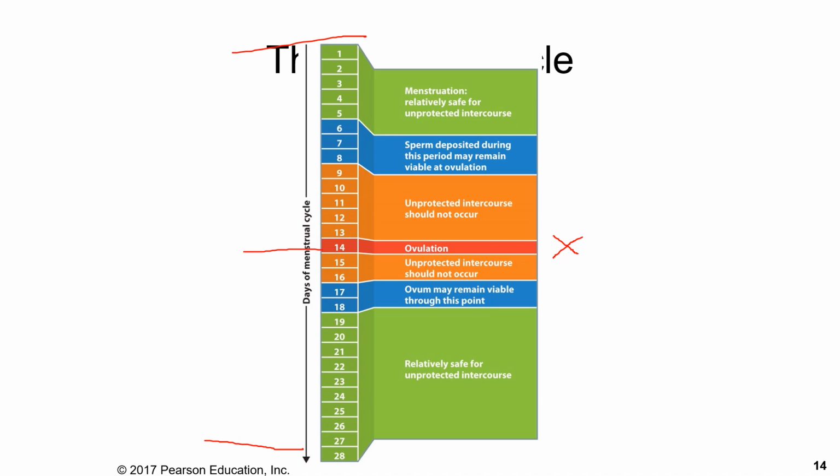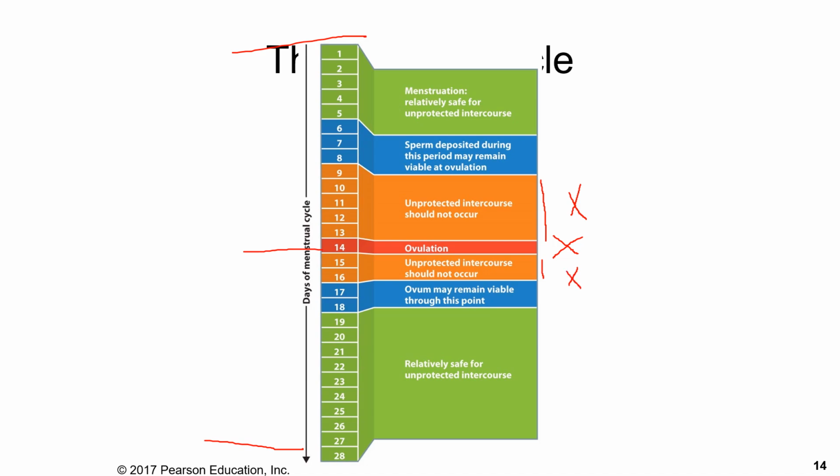The calendar method, if you track your ovulation. Now, it is not just one day of no intercourse. The calendar method is a little bit more than a week, 5 days before ovulation and another 2 days after ovulation. There should be no intercourse if you're not planning a pregnancy.